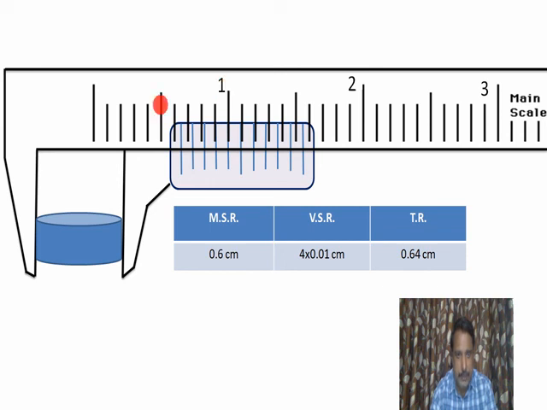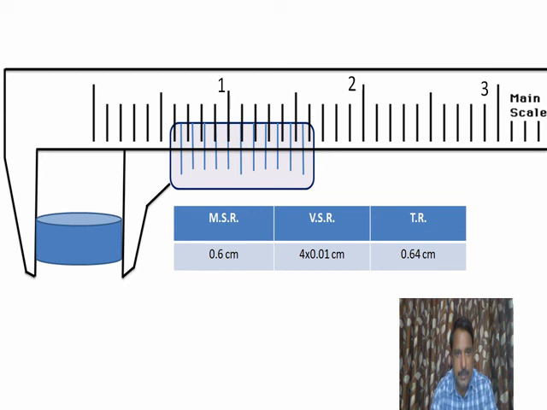So far as this is concerned, this is 0.5 centimeter. This is 0.6, and you can see here is the starting of your Vernier scale. So this mark of the main scale is crossed by the Vernier. So this mark is your main scale reading, and that is entered over here, that is 0.6 centimeter.